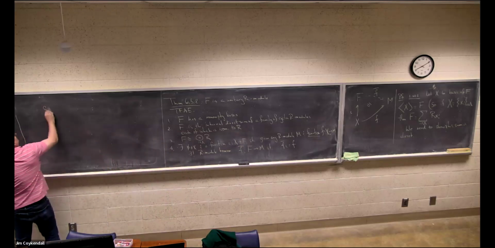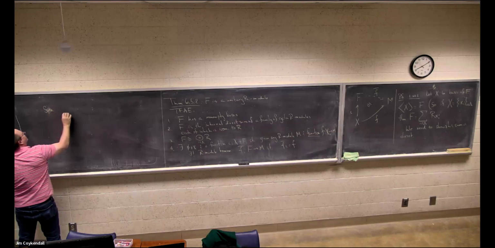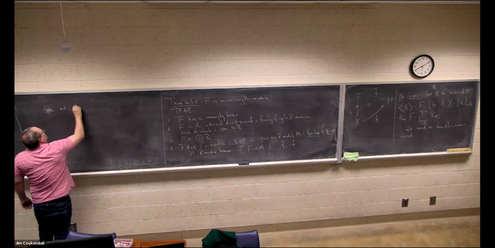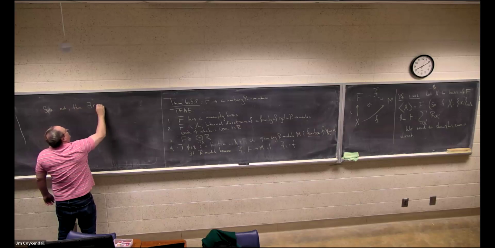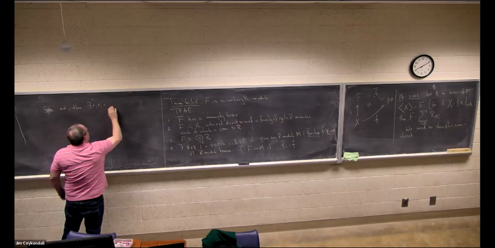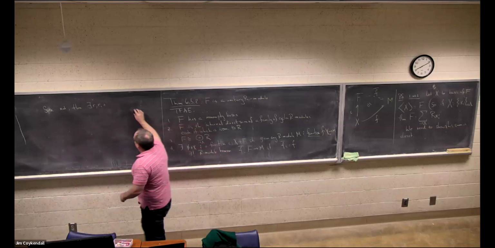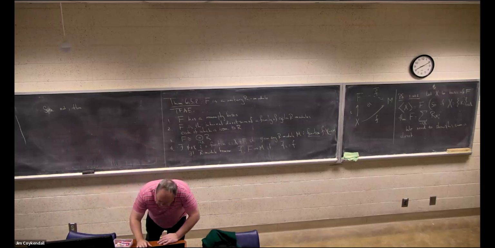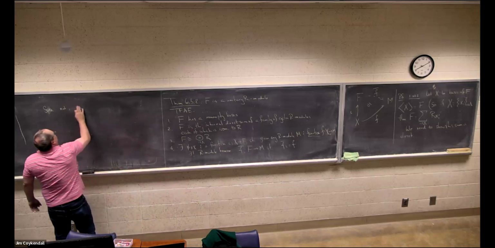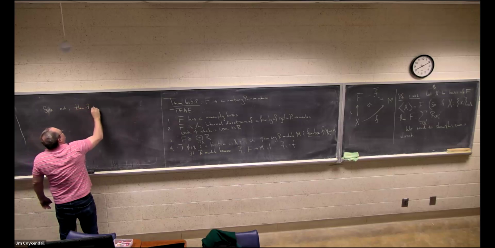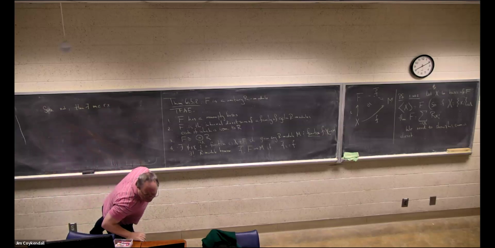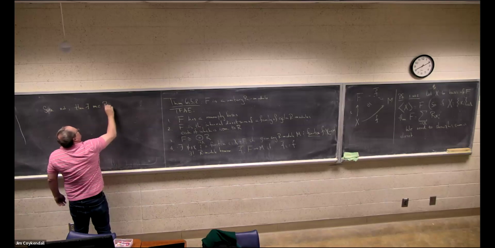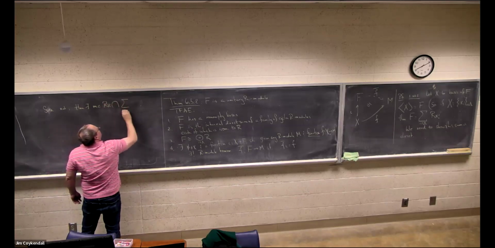So let's suppose not, then there exists R and Ri, and then there's this M in Rx intersect the sum.